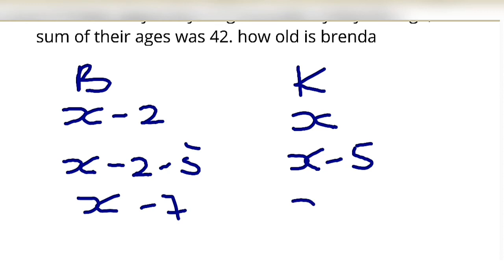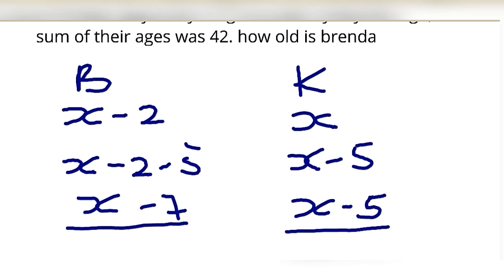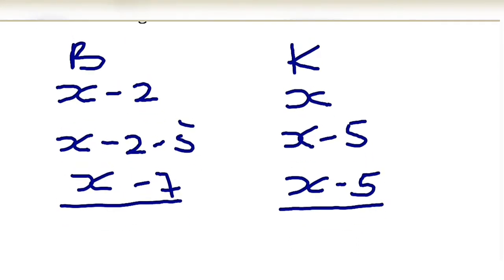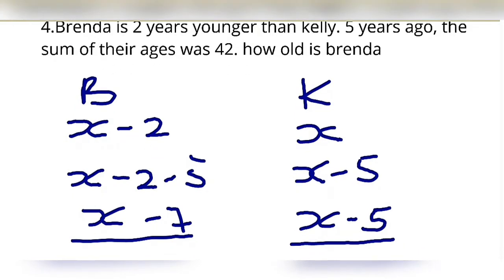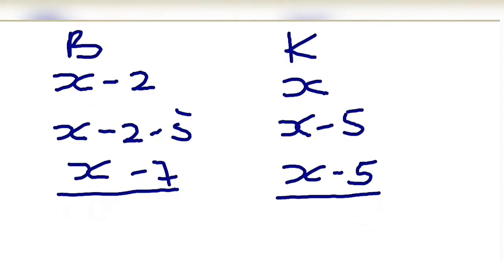So x minus 5 was the age for Kelly 5 years ago, and x minus 7 was the age for Brenda 5 years ago. So let us add their ages to 42, because 5 years ago the sum of their ages was 42. This will now give us x minus 7 plus x minus 5 equals 42.